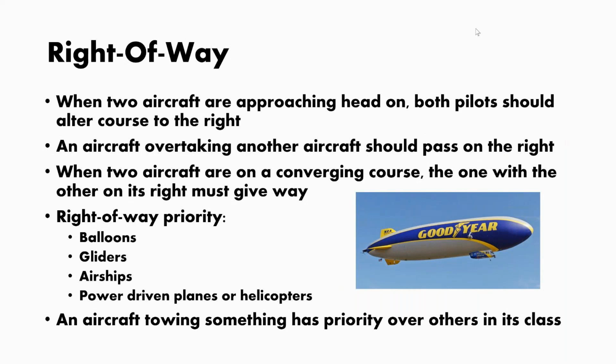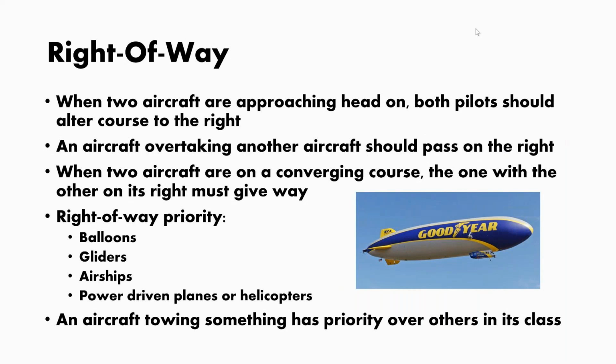When you see a plane on your left, and you think you're both converging, you think you might hit each other going forward because you're both generally going in the same direction, the one with the other on its right must give way. If you have the other plane on your right, then you have to give way. You have to say, okay, I have to change my course a little so I don't hit him.